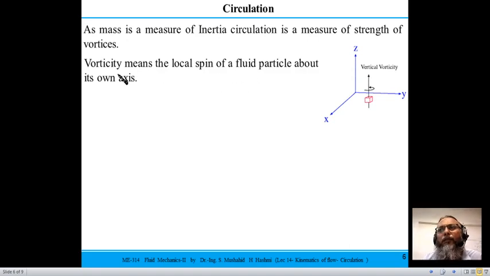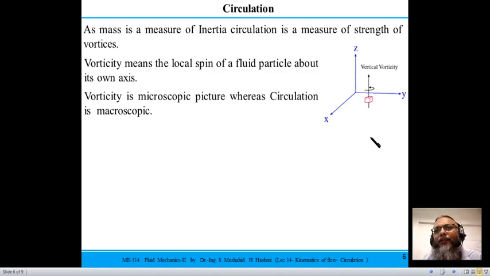Okay, so the idea of vorticity is of microscopic nature, where we are focusing on a particular fluid particle, whereas circulation is the summation of all the vorticities present in the closed contour. So the idea of vorticity is a microscopic picture, whereas the idea of circulation is mathematically the line integral of the tangential component of the velocity.